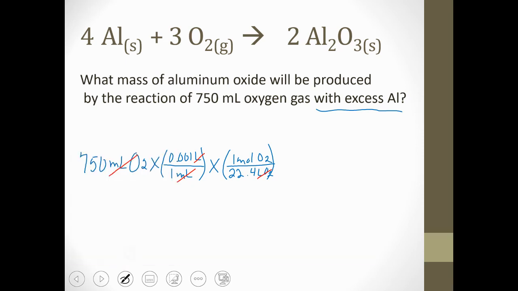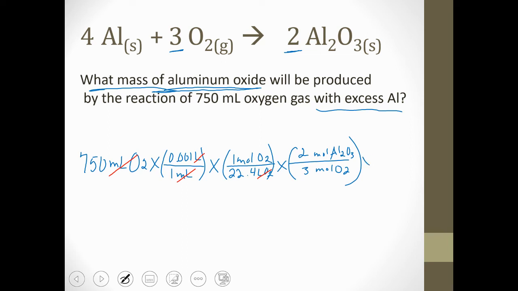Once I have moles of oxygen, I can relate the oxygen to the other substance. In this question, we're trying to find some information about the aluminum oxide. So I'm going to put my moles of oxygen on the bottom and moles of aluminum oxide on the top. Filling that in, we see it's a 3-to-2 relationship. Now, if this question said how many moles of aluminum oxide, I'd be done.